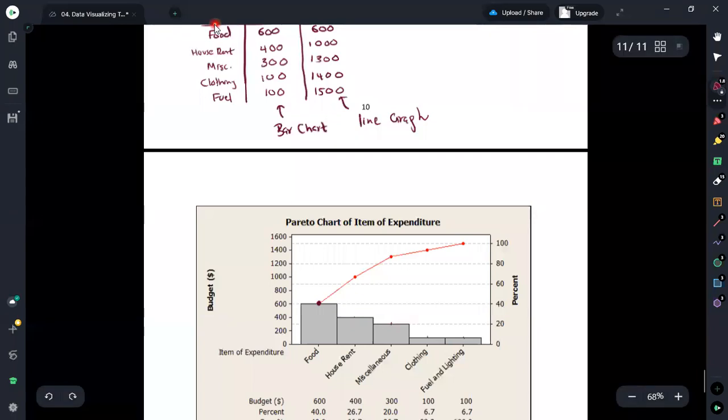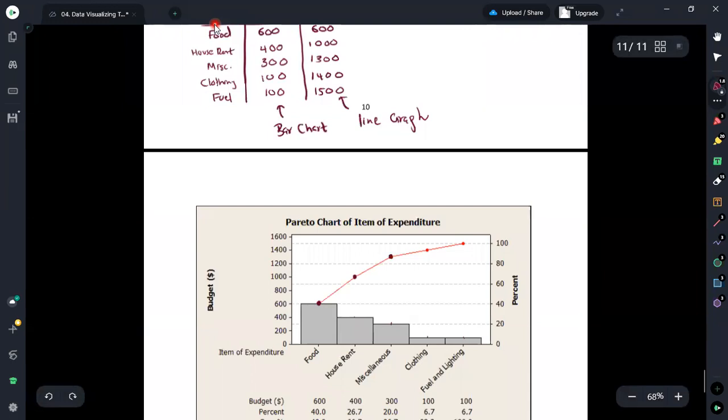Here we have to identify 1000, and this should be exactly on top of a line which goes through the middle of this bar. Likewise, for miscellaneous, it will be 1300.